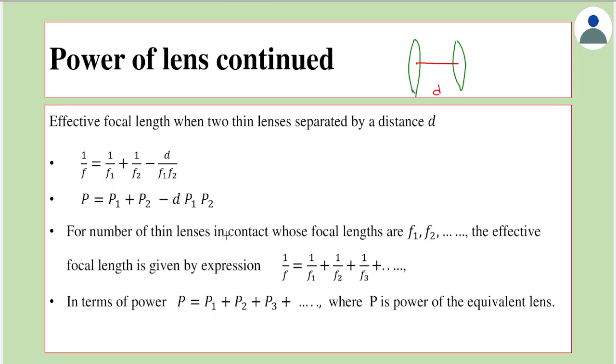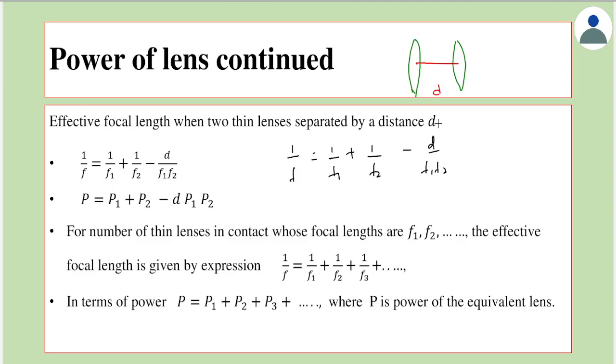In this case, the effective focal length F is given by 1 by F equals 1 by F1 plus 1 by F2 minus D by F1 into F2. It's not been proved here because the proof is beyond the scope of the class 12 syllabus. This can be proved using the matrix method in optics, which is not in this course. So for now, just take this to be true because there could be numericals based on this formula.